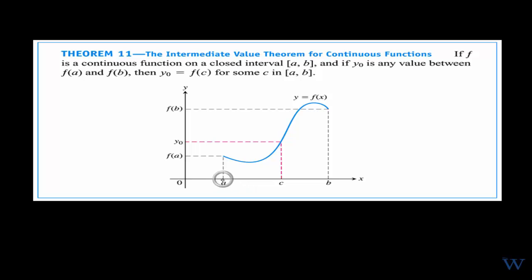Makes sense? Because look, we have this y sub 0 sitting between f of b and f of a. Then, of course, because it's a continuous function, we know that there was a c to begin with that will match up the y value, y sub 0.